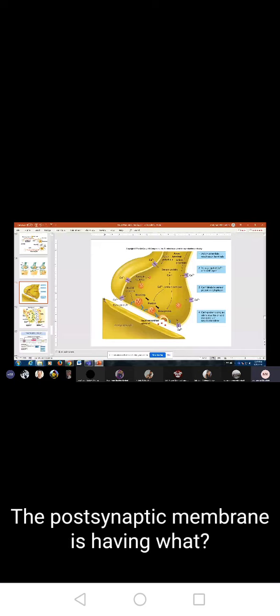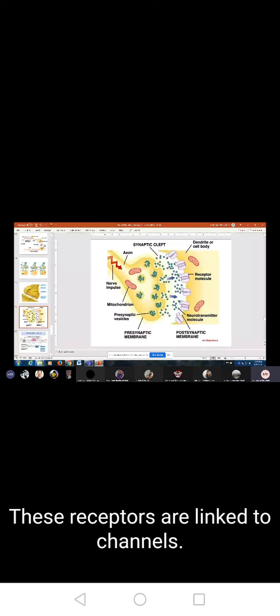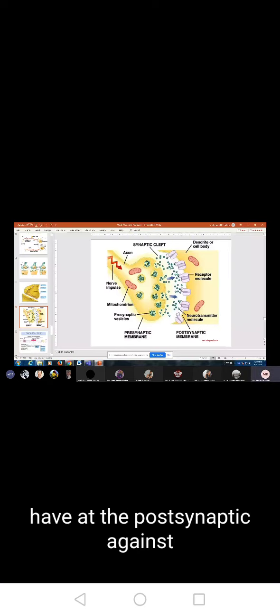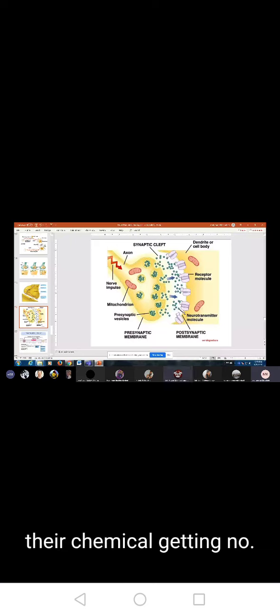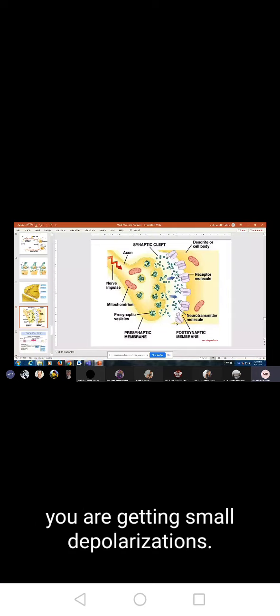The postsynaptic membrane has what? Receptors. Exactly, receptors. These receptors are linked to channels. So what types of channels do we have at the postsynaptic membranes? They are chemical gated channels. Now, if you have activated sodium channels, you are getting small depolarizations, but not action potentials.